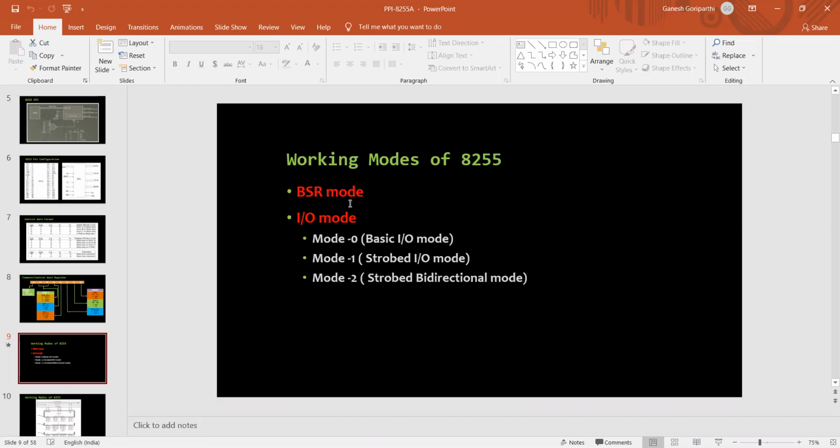BSR mode means bit set reset mode, and IO mode means input output mode. This can also be written as active mode.